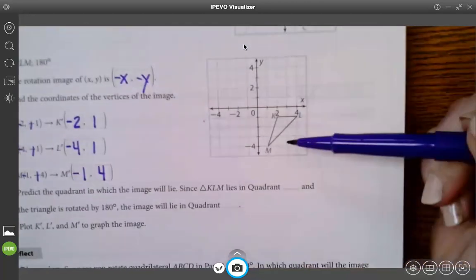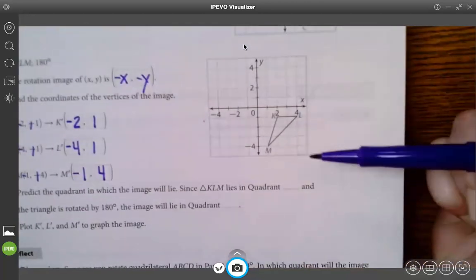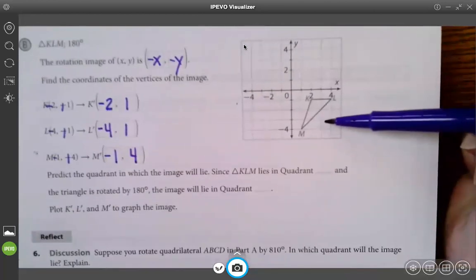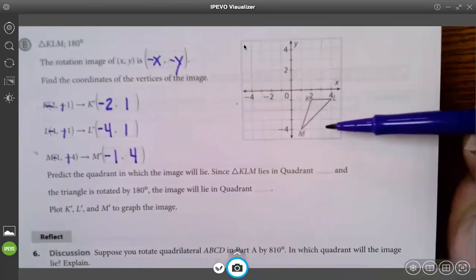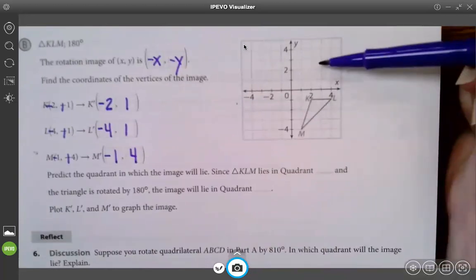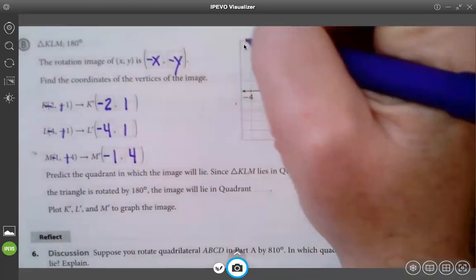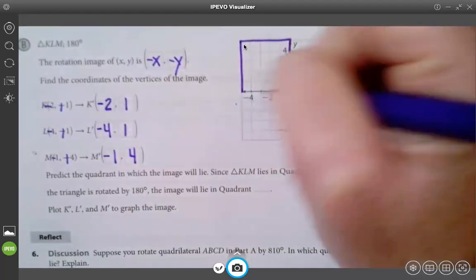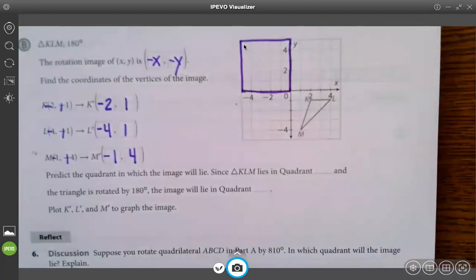So when we graph that, we need to be able to envision where this is supposed to go. If I start with the triangle down here, I need to go 2 quadrants away. So here's 1 quadrant, here's 2 quadrants. So our new triangle is going to be somewhere over here.